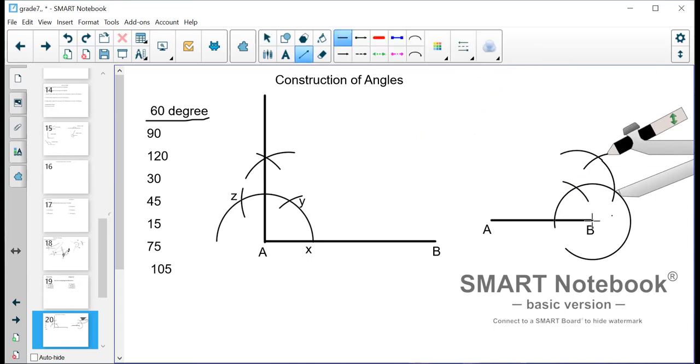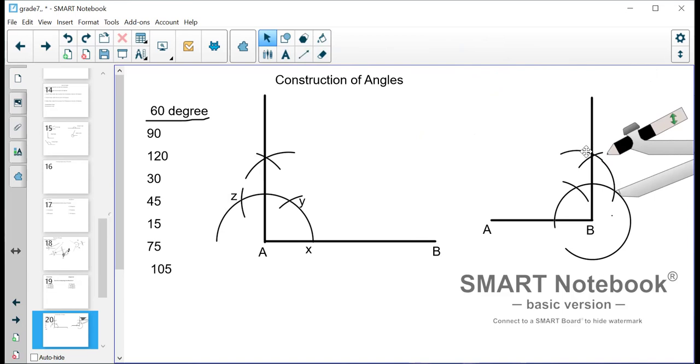And then we simply come from B and we draw our line. Now that is not accurate at all, but those are the steps you would have to follow in getting that angle. All right, so 90 degrees there for you.